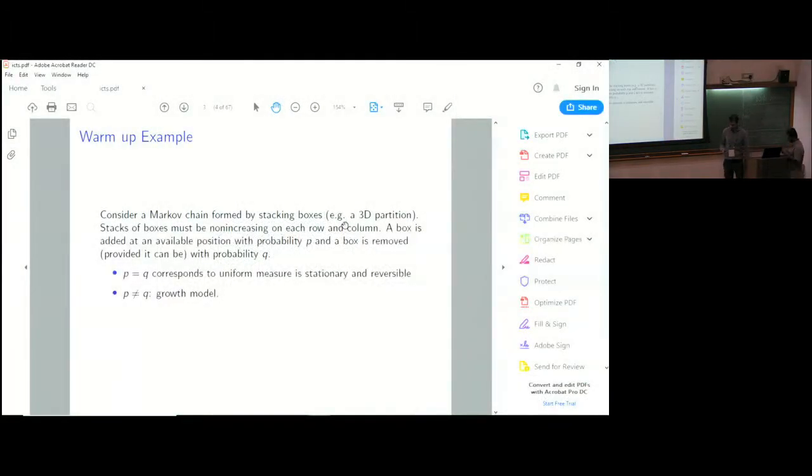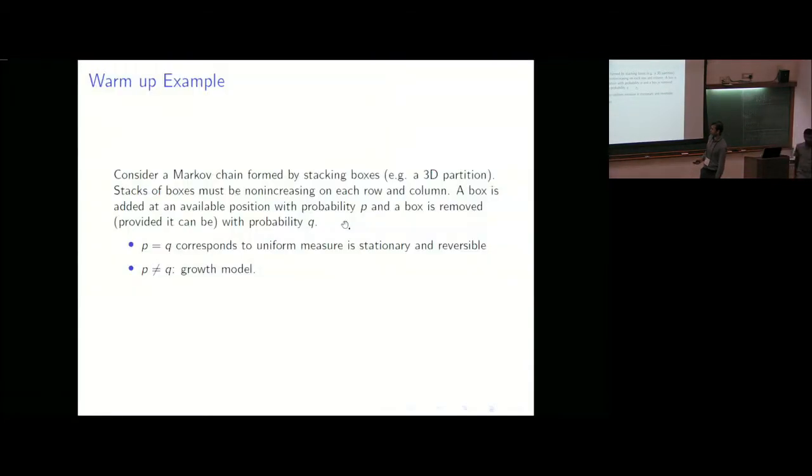In this model, when p is not equal to q, you get a model that grows, just as we saw in the picture. And when p is equal to q, you get no growth. So it's just some kind of stationary process.